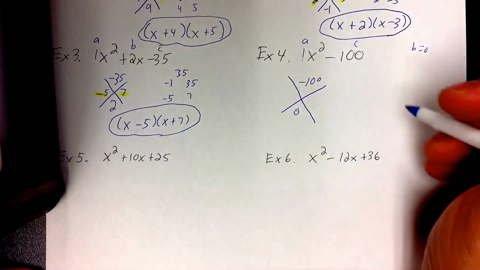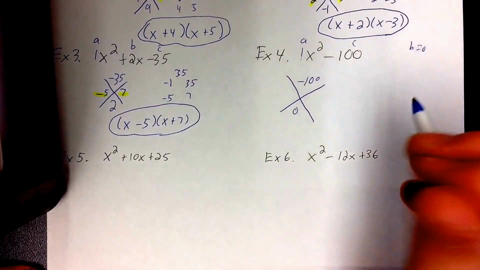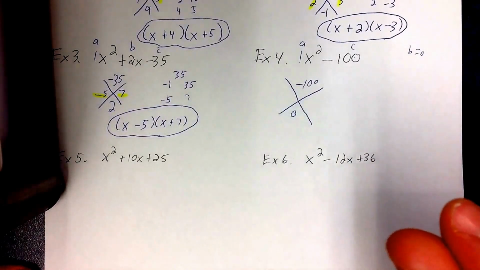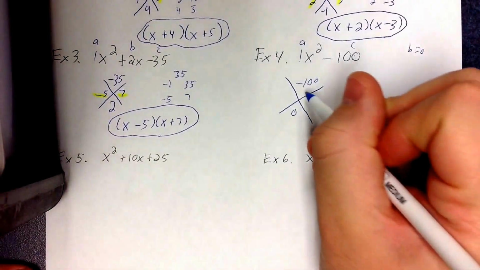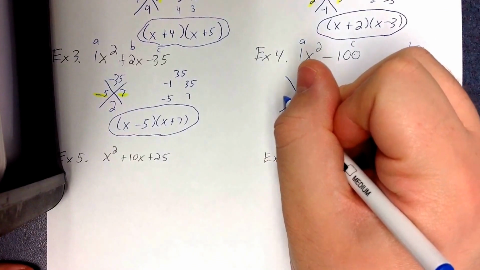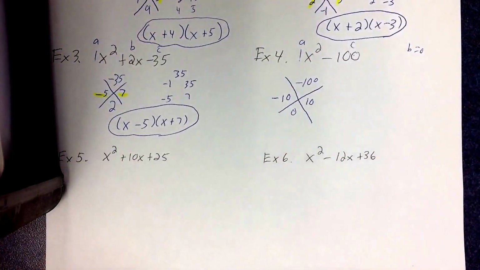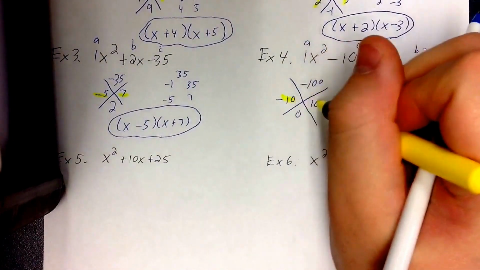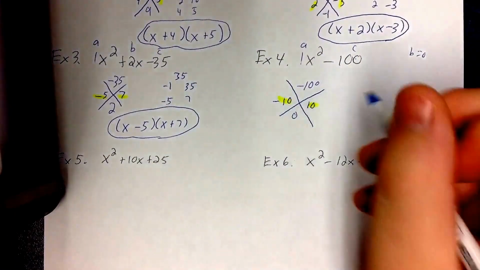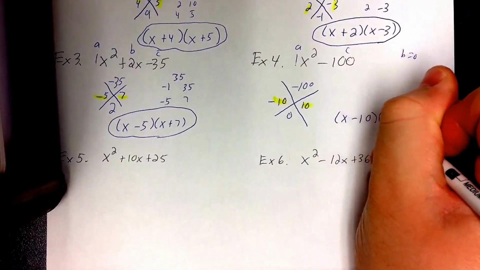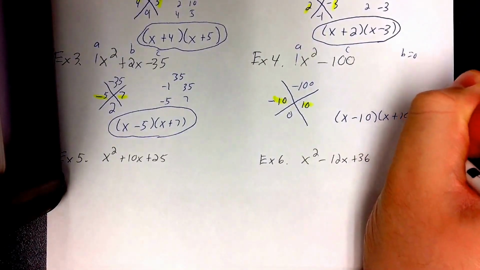So this is that special case where if I have a negative on top and 0 on the bottom, my two side numbers have to be opposites. So in other words, what times what gives me 100, that's the same number. So it's 10 and 10. But again, I know they have to be opposite, so one of them needs to be a negative. So then I can write it as x minus 10 times x plus 10.